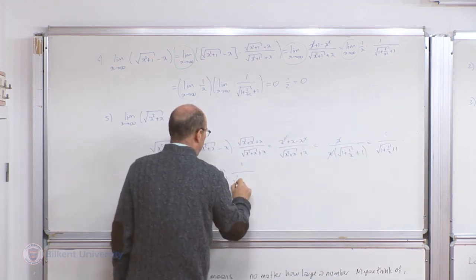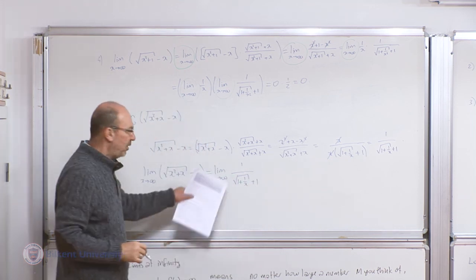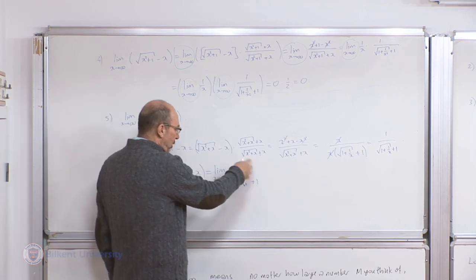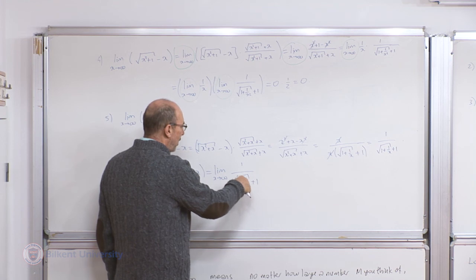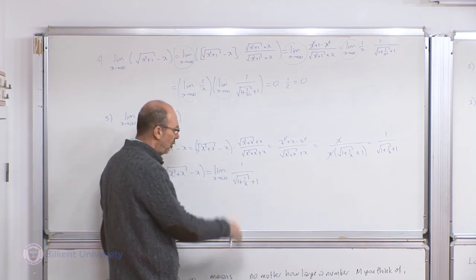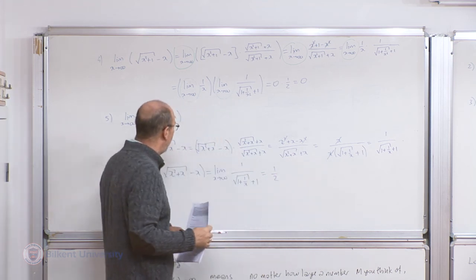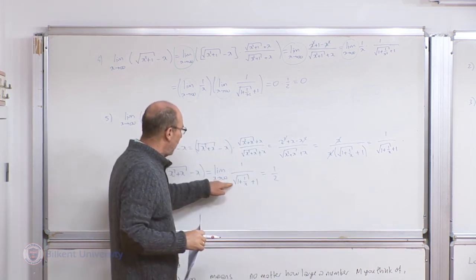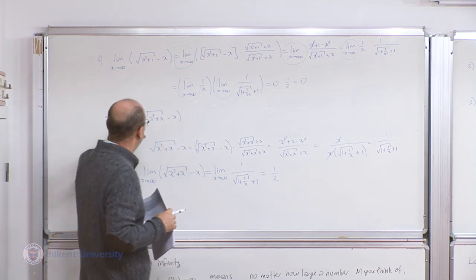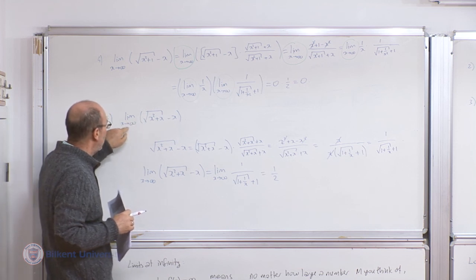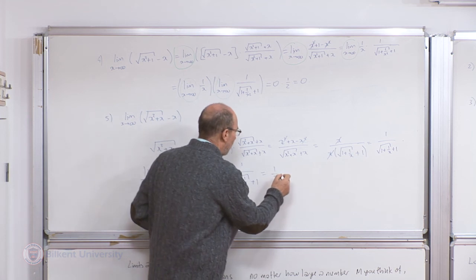Now the limit is obvious because this is a continuous function. The limit goes inside everything. So eventually I take the limit of 1 over x, which is 0, and everything is there. So this is 1 over 2. And I check in my mind that I'm not going to take the negative square root here because this is given as the positive square root, and x is going to infinity. So no problem. The answer is 1 over 2.